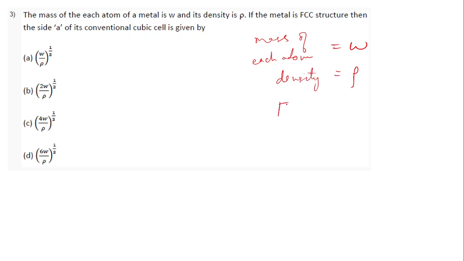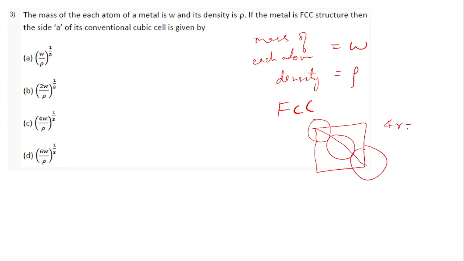If the metal is FCC, quickly you should visualize what is the relation in FCC, because on the face of the cube we have atoms touching each other, right? So that means these are 4R, and what is the diagonal length? Since this is the face diagonal, it is root 2 a. This is the relation for FCC.